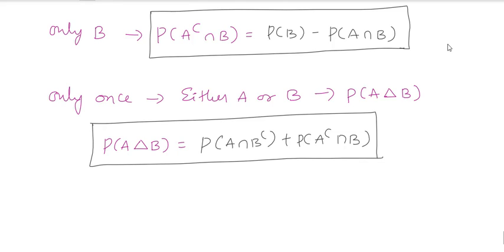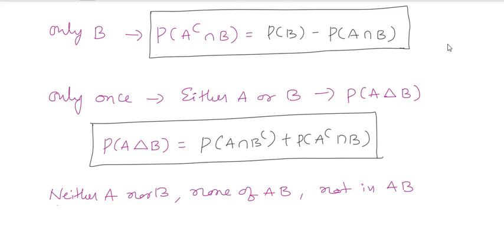Next, another case. Neither A nor B, which is also called none of A, B, or not in A, B also. These are all one and the same.